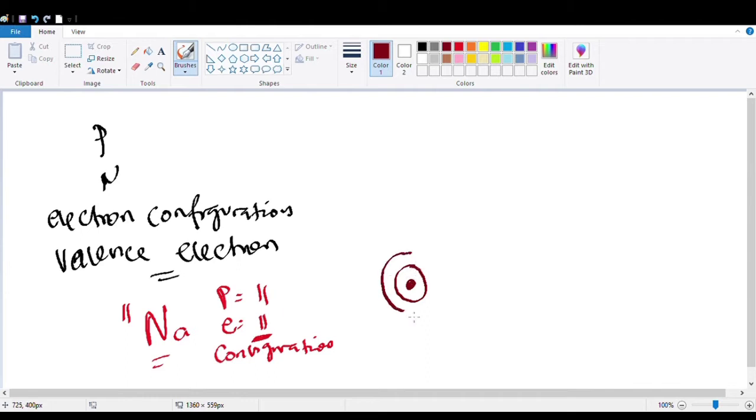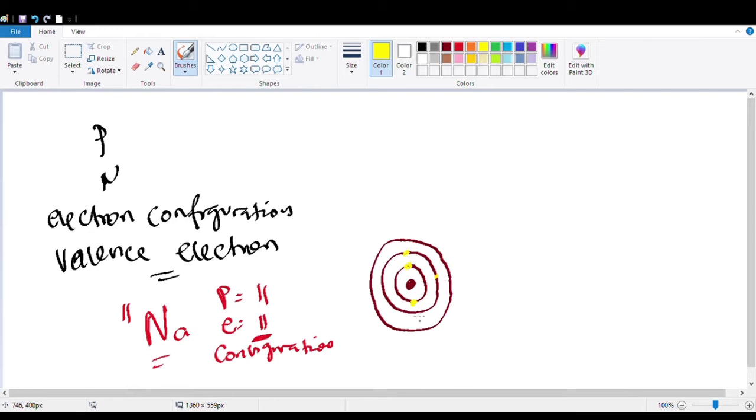The second shell provides for a maximum of 8 electrons, and the third shell provides for a maximum of 18 electrons. So if sodium has 11 electrons, first you put 2 electrons in the first shell, and then it means 9 are left.